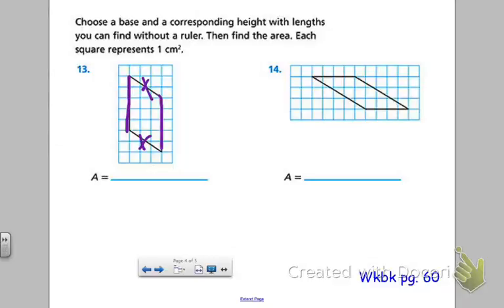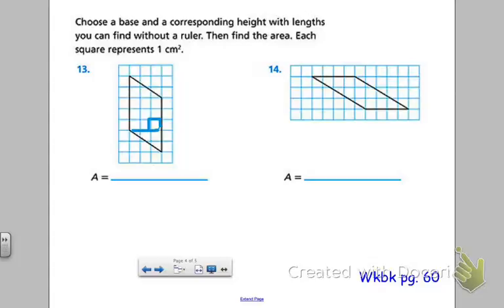So maybe I'll use this as my height, because that's perpendicular. Maybe I'll use that as my height, or this one, or that one. There's a couple different choices. So I'm just going to go with the first one that I have here, and I'll make the height line right there, because I can tell that this is perpendicular to my bases.